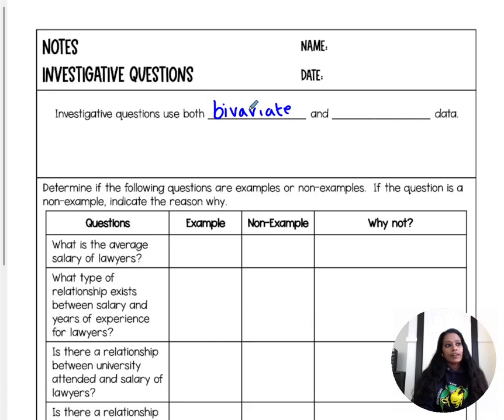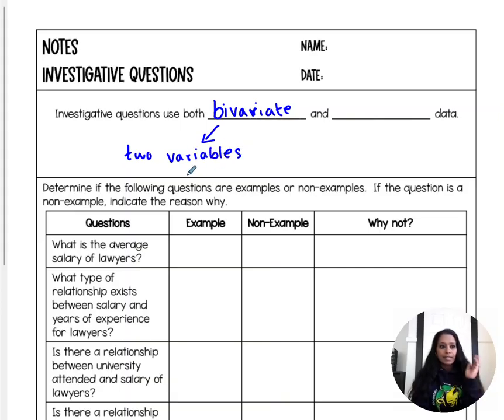Okay, that's the R, bivariate. What that means is we need to be able to have two variables, the x-axis and then the y-axis, right? So we need to make sure they give us two pieces of information.